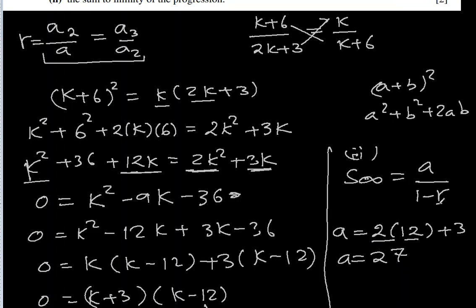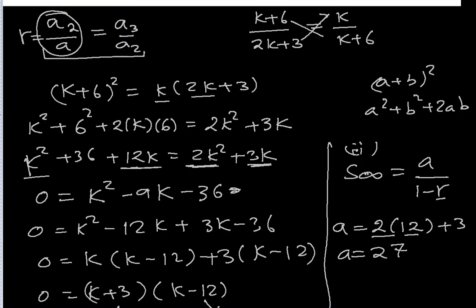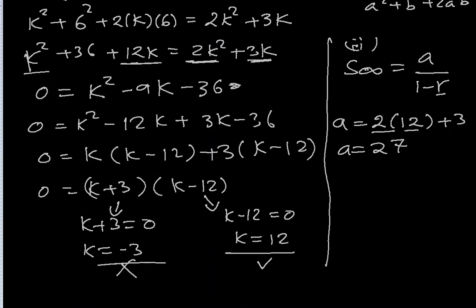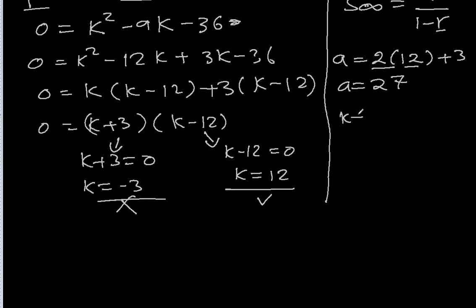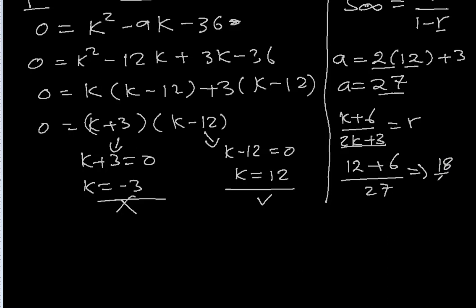Now we have to find the common ratio, and again we had the common ratio here, A2 divided by A1. So K plus 6 is A2. So (K plus 6) over (2K plus 3) equal to r. K is 12, plus 6, over 2K plus 3, which we already got as 27, which is 18 out of 27, and 9 times 2 is 18, 9 times 3 is 27.